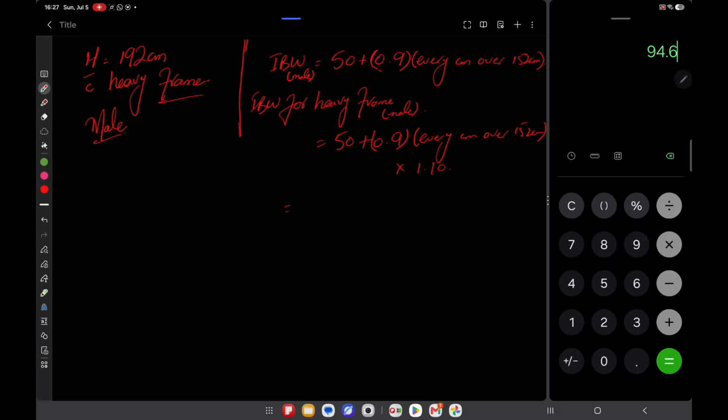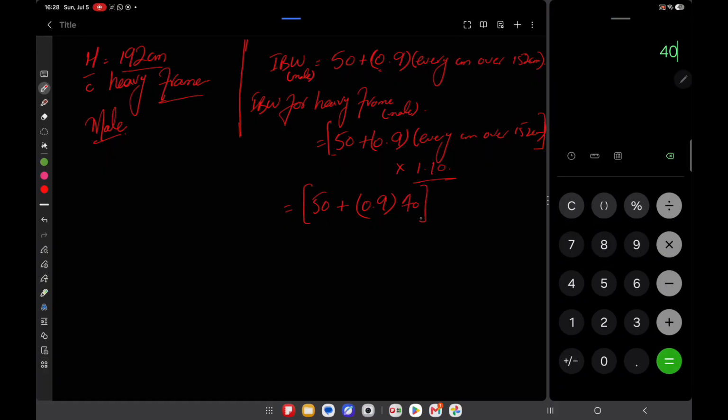So now we will calculate. We have to multiply the entire value with 1.10. So 50 plus 0.9 into every centimeter over 152. The height given is 192. 192 minus 152 equals 40.